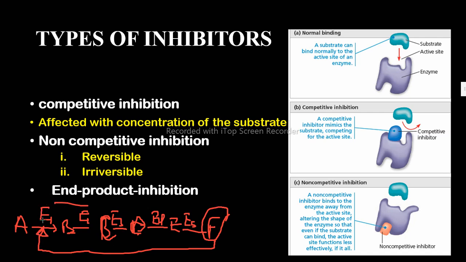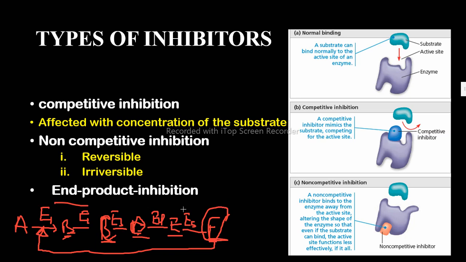And if you inhibit this enzyme, then no B is going to be formed. If no B is formed, then no C is formed. And if no C is formed, then no D. If no D, then no E. And if there is no E, then no F is going to be formed.